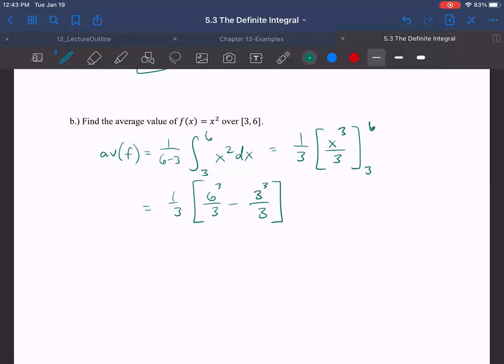And if you go through and you do 6 cubed and 3 cubed and take their difference and divide by 3, you should get 21. I'll leave that little bit of algebra for you. Okay? All right, not too bad, right?